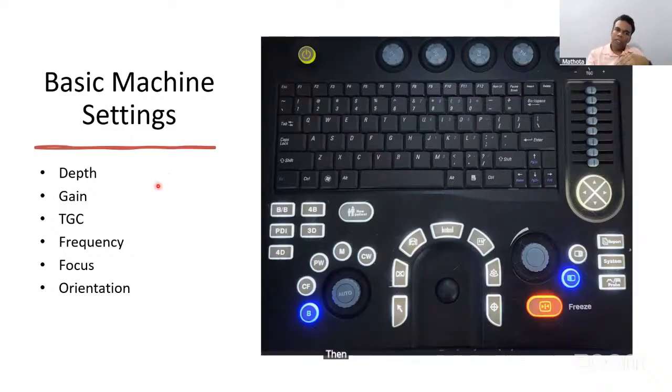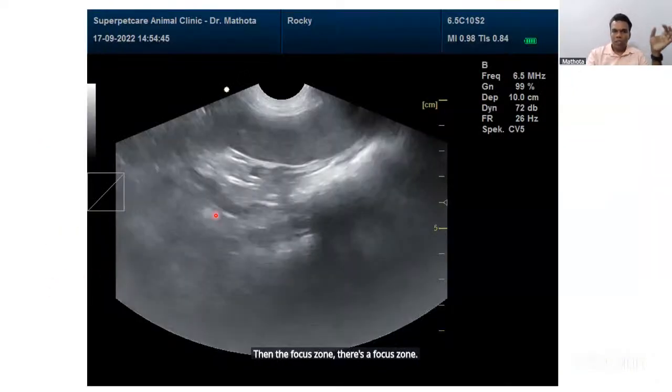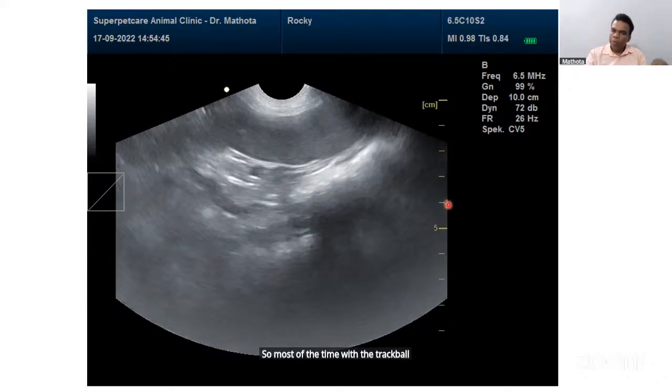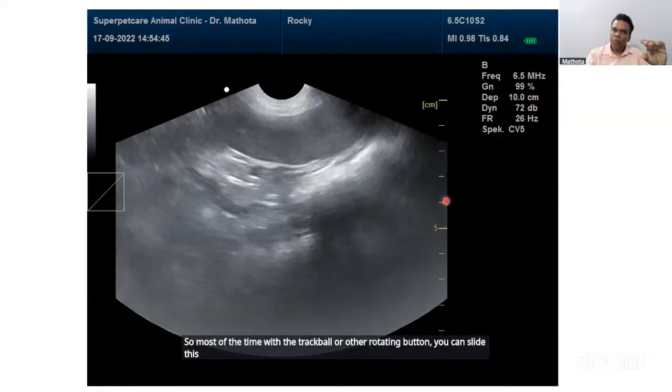Then there's the focus zone. On all these ultrasound machines, there's an arrow here. You can see in this scale, you have an arrow. This is the focal zone. Most of the time with the trackball or other rotating button, you can slide this focus point to the top or bottom.